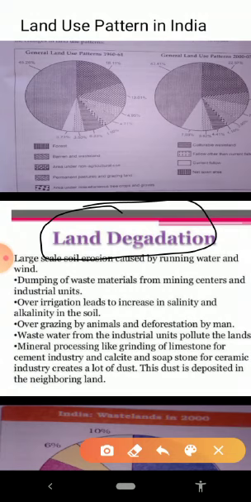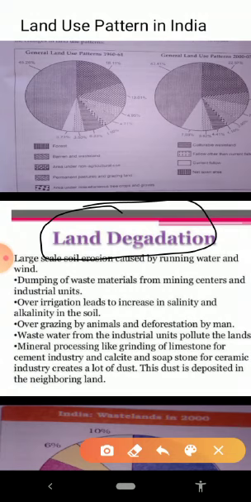In a very simple sentence, what we can say, degradation of land means making the land useless for various activities, especially agriculture, forests, and pastures. These are the primary uses of land. In other words, the process by which land becomes unfit for cultivation is known as land degradation.